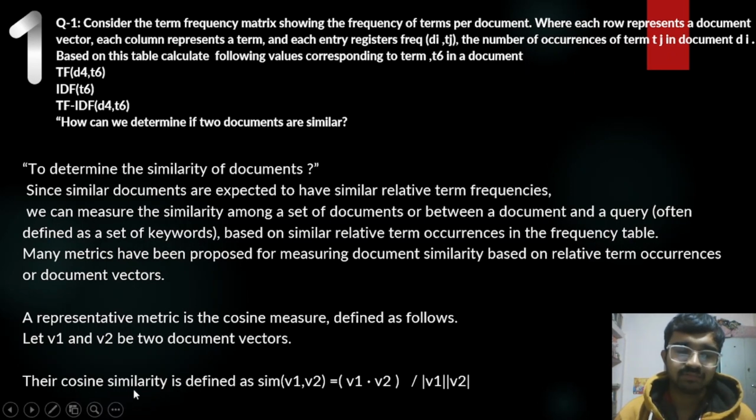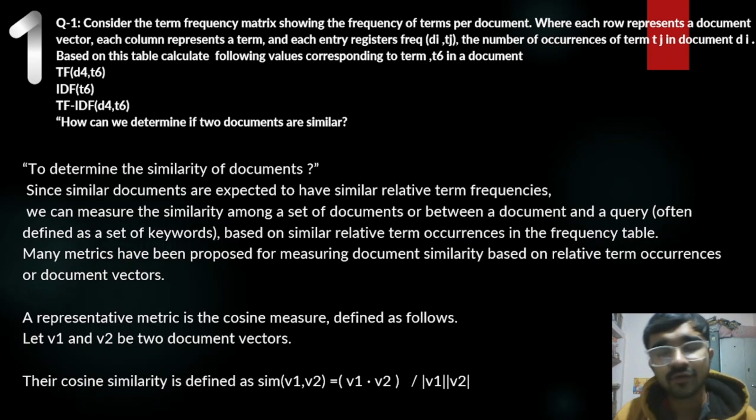We can compare their similarity with the cosine similarity, which is defined as v1 dot v2 divided by the modulus of v1 times the modulus of v2, where v1 and v2 represent two document vectors. In this way we can calculate the similarity between two documents in the TF-IDF model.